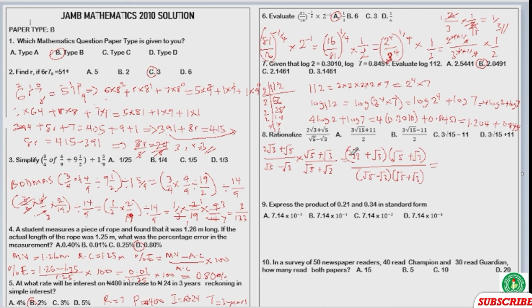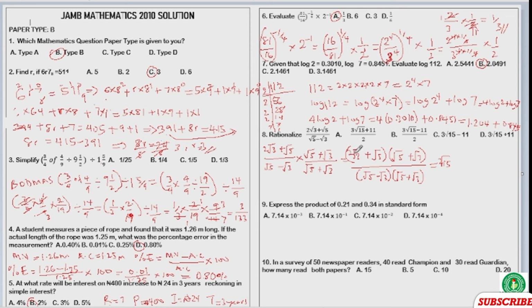Equal to, now 2 times, this one is assumed to be having 1, 2 times 1 to give 2. Then root 3 times root 5 would give root 15. So we have 2 root 15 in the first term.